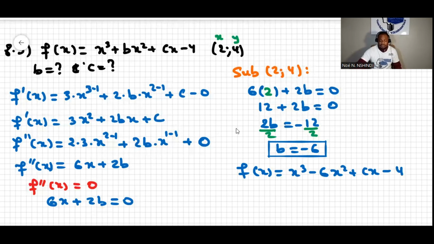Now, the point of inflection is on the curve, so this point will satisfy the equation of this curve.